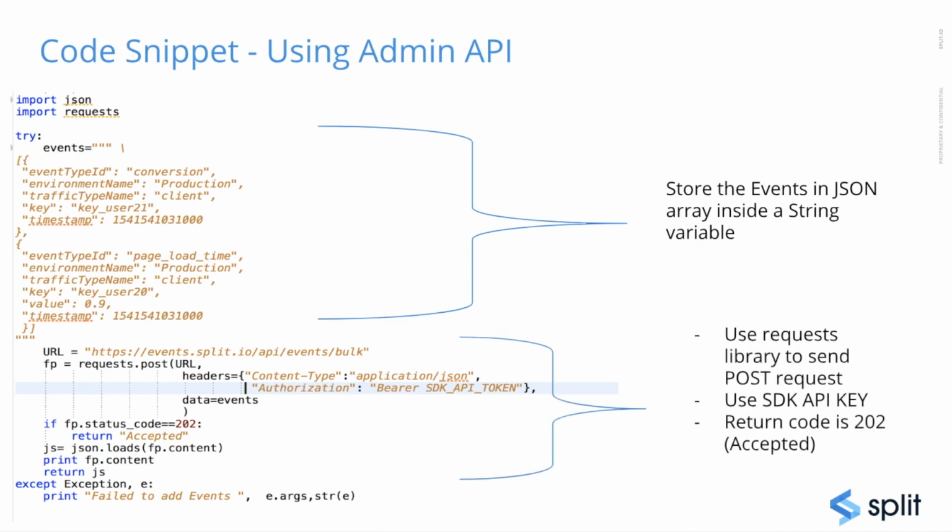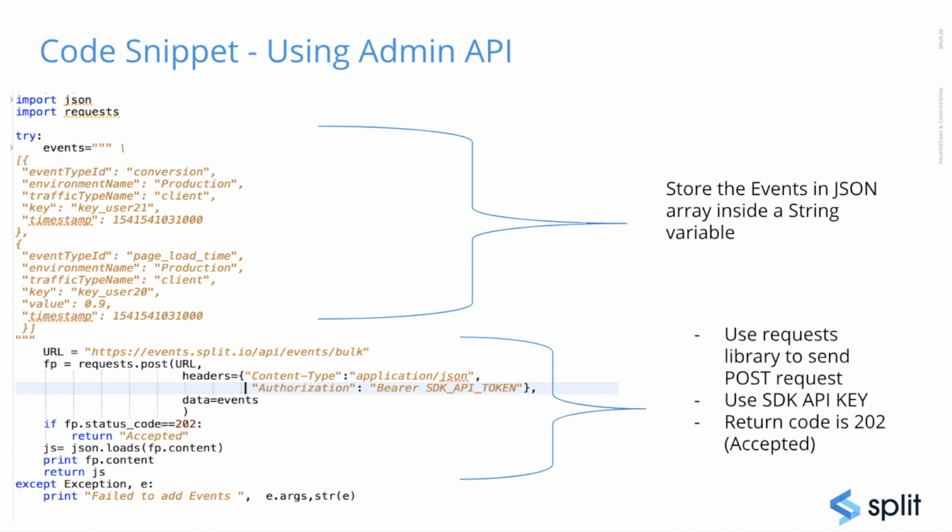Now the second portion is specifying the URL and the headers, and these are going to be the same values always. In the header, you can see we have the authorization header included, and this will include the SDK API token. We do have an admin API token, but that's going to be used for different REST requests.